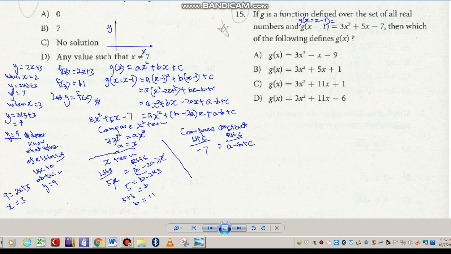Now substitute. You have the value a, which is 3, the value of b, which is 11, plus c. This one becomes minus 7. Sorry, minus 8 plus c. Now bring this over, it's 8 minus 7. C becomes 1. Now let's go and check.